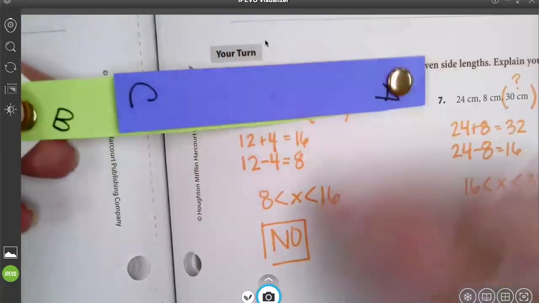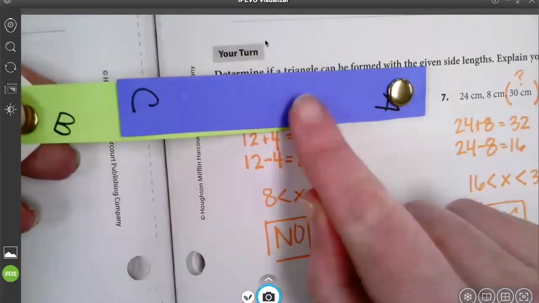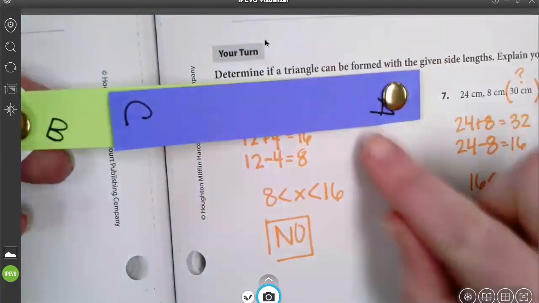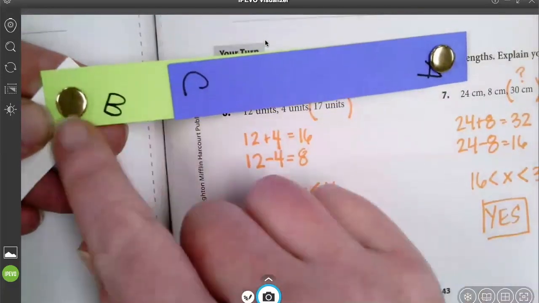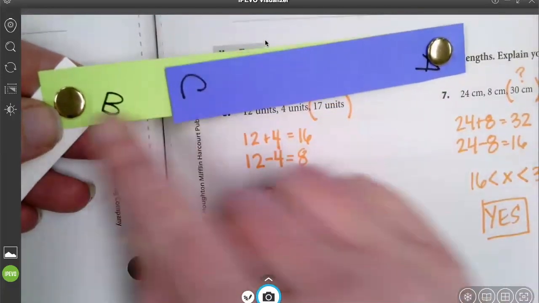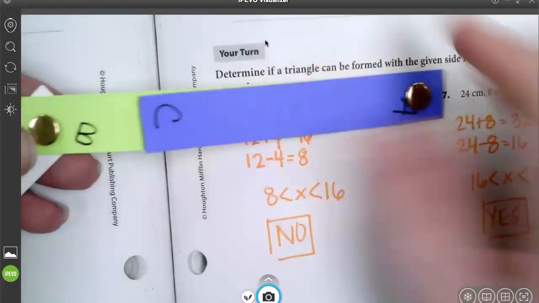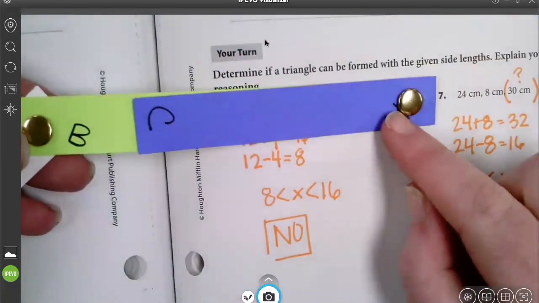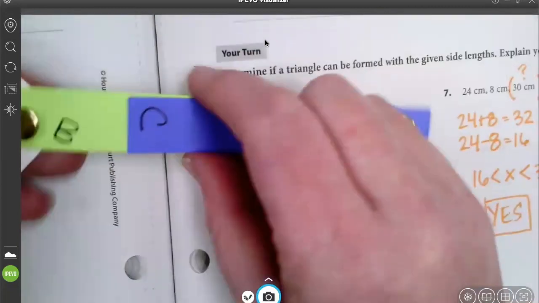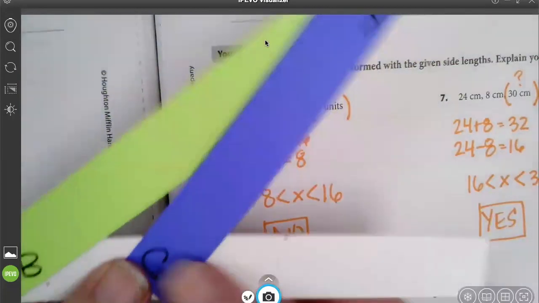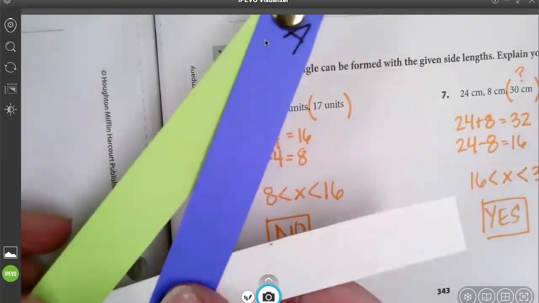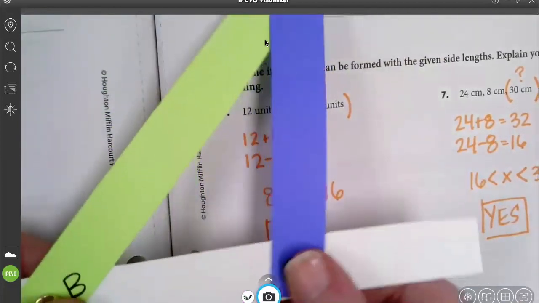So if I have the green side of 12 and the blue side of 4, and I fold it all the way up, I need 8 units just to connect here, but I don't have a triangle because I have a 0-degree angle. So I need this last side to be at least a little bit bigger than 8 so that I can have some angles and therefore make a triangle.